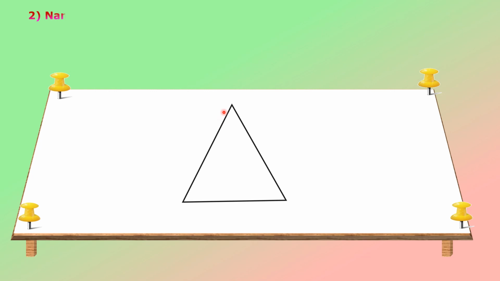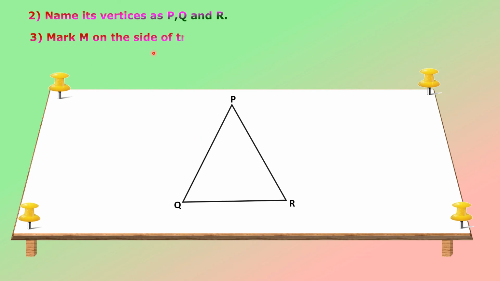Mark the vertices as P, Q, R as before. Mark M on the side of the triangle PQ and also draw a perpendicular to PQ at M. Here I am going to mark the point M as it is.